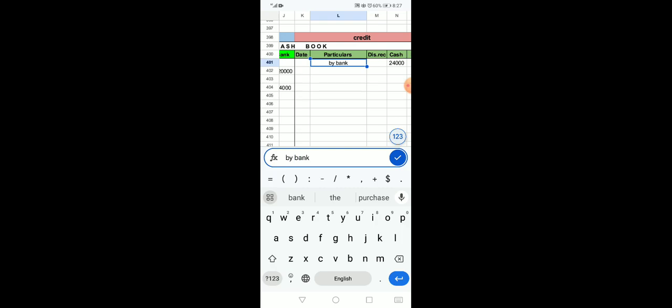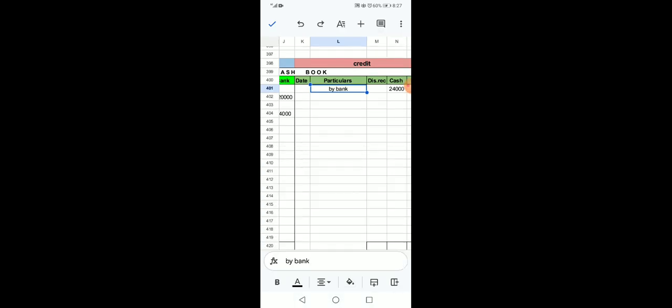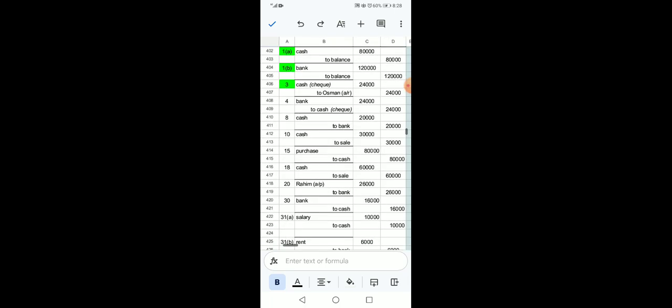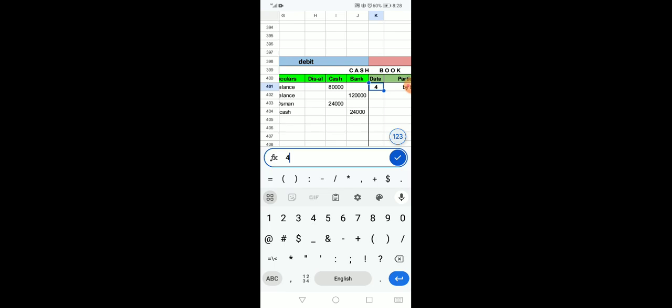It would be considered as coefficient of this statement. Whenever you will write any word in credit side of particulars, you will use by as coefficient. Every entry which would be recorded in particular column, you will write by. And now see the date of this entry, which is 4. So you will post 4 over here.